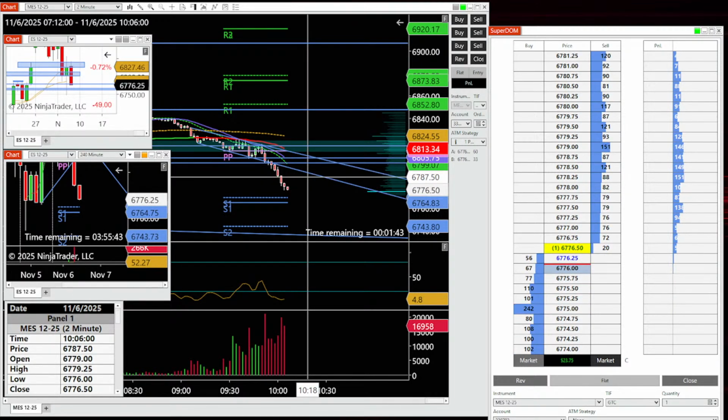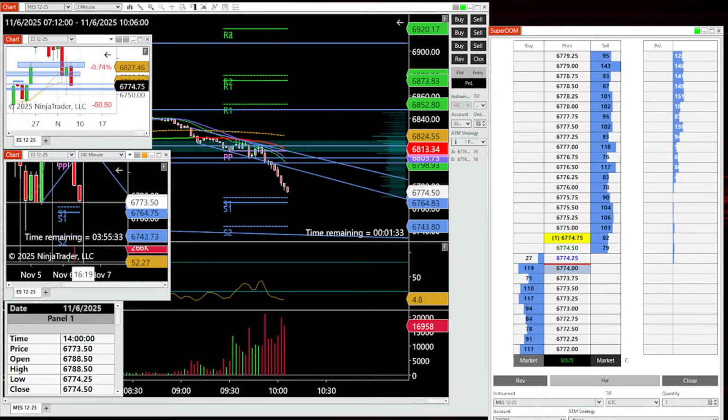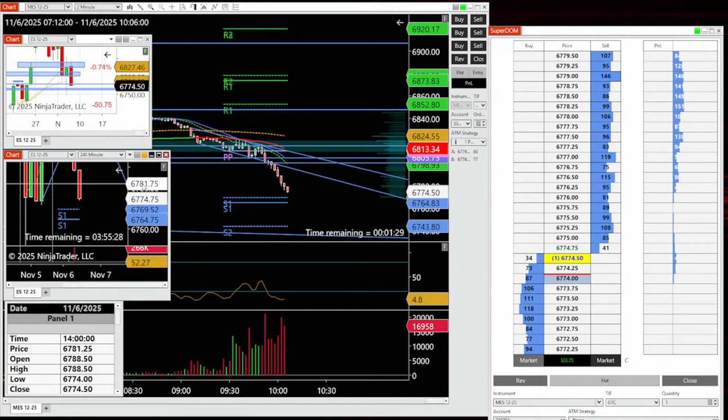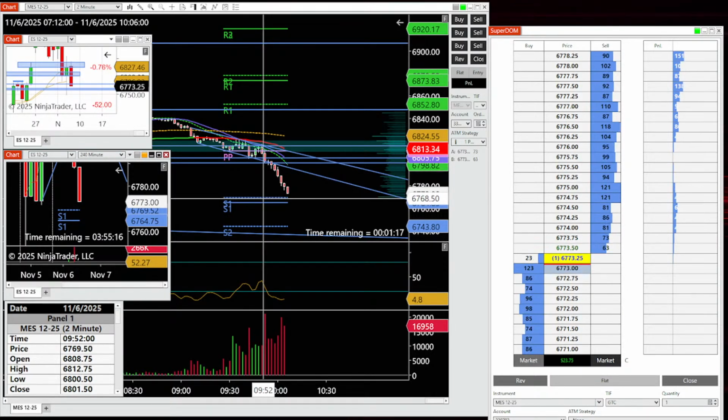I wouldn't mind a pullback into the 80s or 90s in a rollover. Down here to 75, 73 to 75. 70 is the target. We got 70, 65.